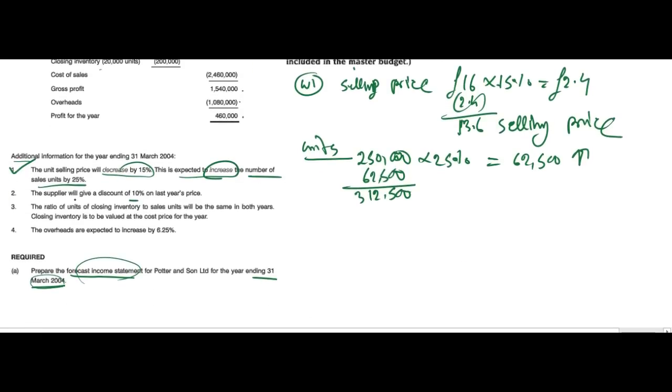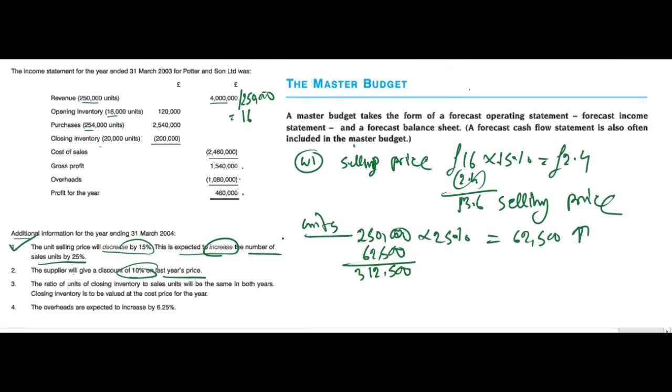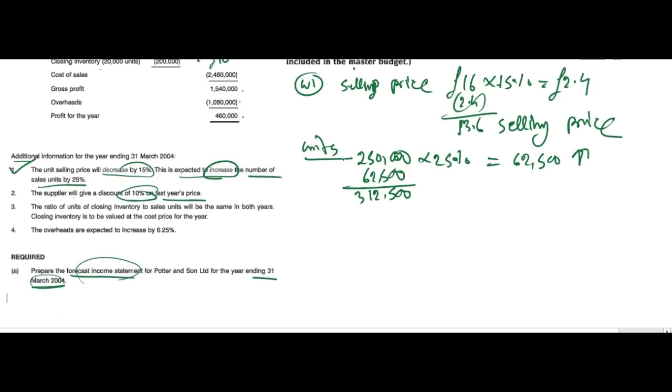which says the supplier will give you a discount of 10% on the last year's price. So what is the last year's price? Very often students tend to make the mistake of taking 10% on this figure. Not actually. You need to get the price per unit. This divided by 254,000, which is basically £10, doesn't it? Purchase. Working number 2 we are doing now.